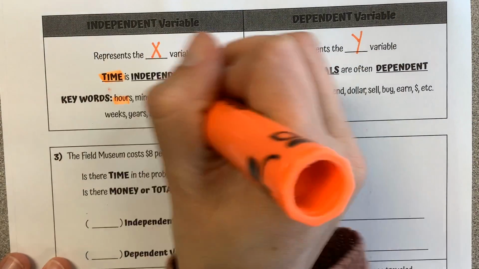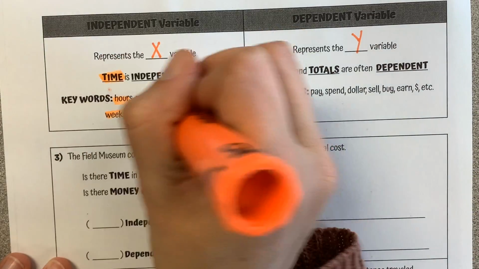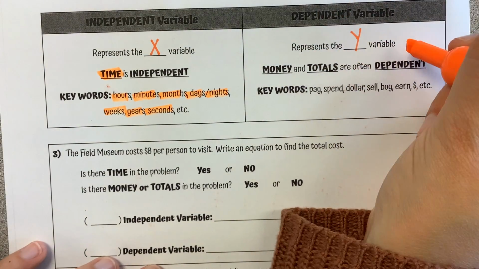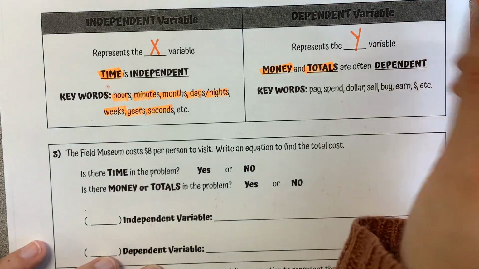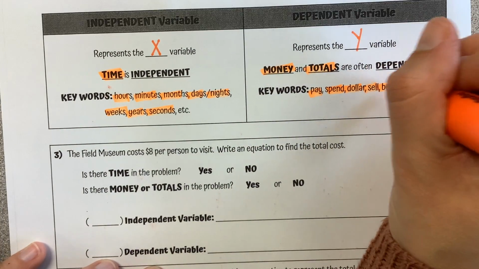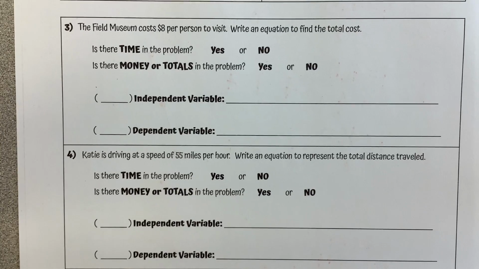So these are keywords: hours, minutes, months, days, nights, weeks, years, seconds. Versus for the dependent variable, money and totals are often dependent. So pay, spend, dollar, sell, buy, earn, or just the dollar sign would be key things that clue you to the dependent variable.